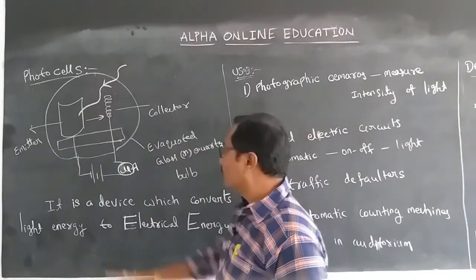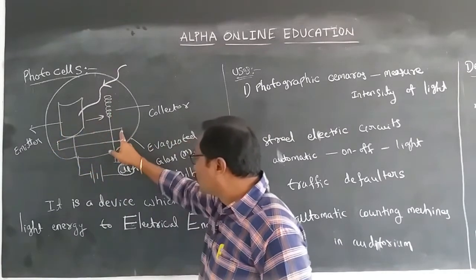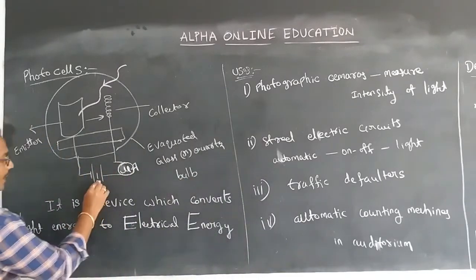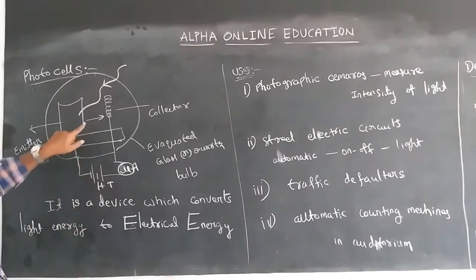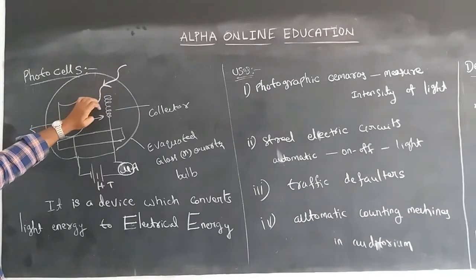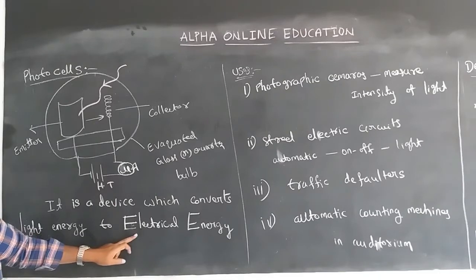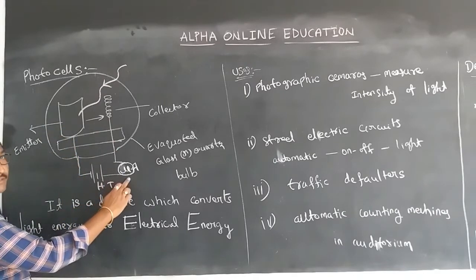Now, this plate and this loop are connected to a high tension battery. Electrons are produced, and an electric field is also produced. Due to the electric field, current is produced. This is called the photoelectric current. The current produced is measured with an ammeter.